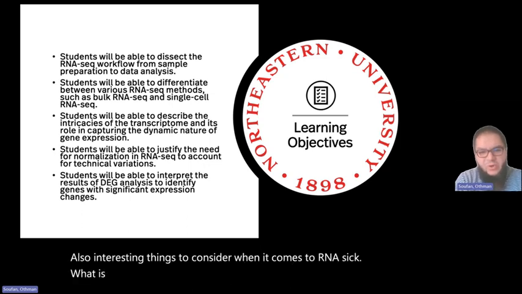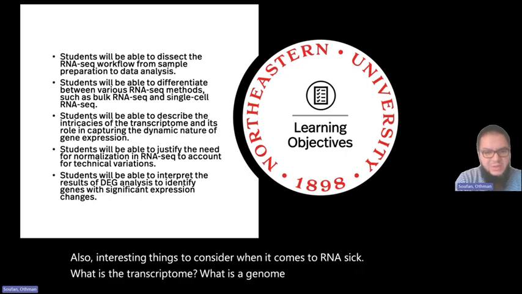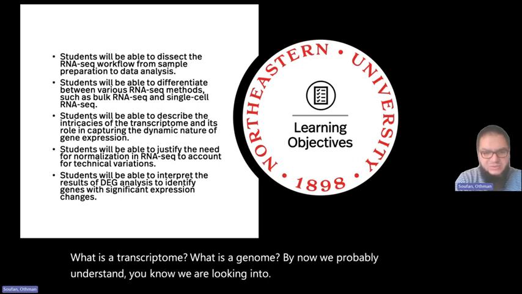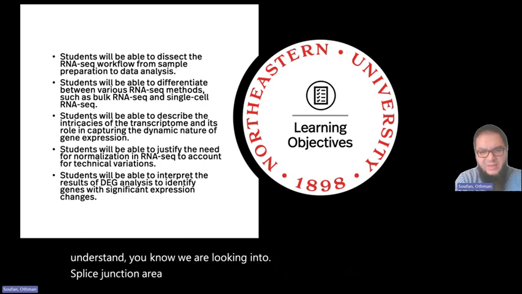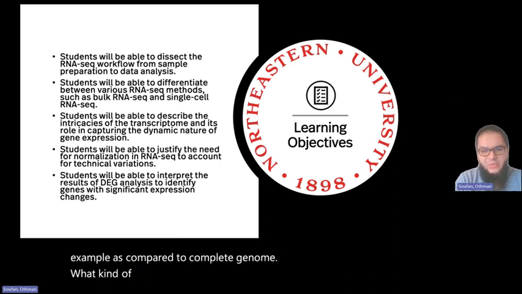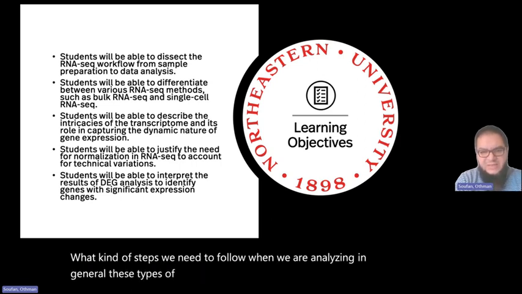What is a transcriptome? What is a genome? By now, we probably understand, we are looking into splice junction areas and how we may end up with exomes only, for example, as compared to a complete genome. What kind of steps we need to follow when we are analyzing, in general, these types of data sets like RNA-seq data?